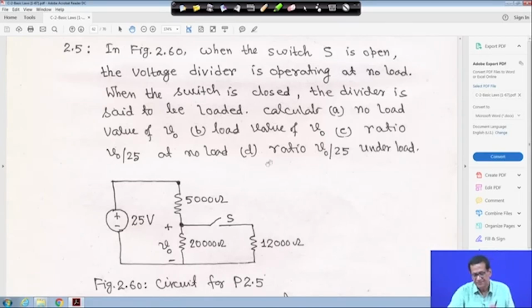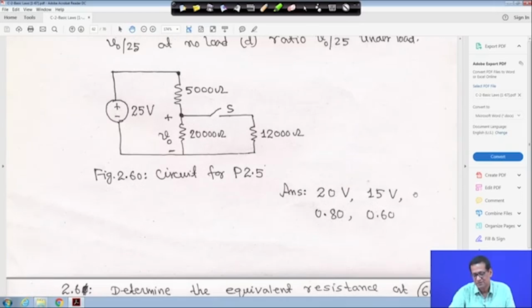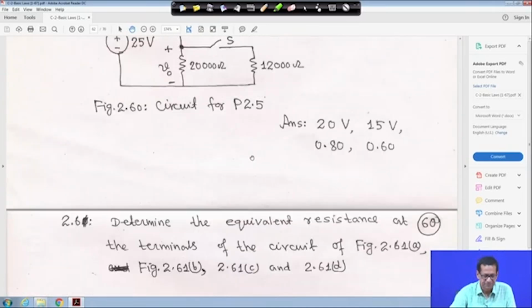So, calculate A, the no load value of V0, B, the load value of V0, and C, the ratio of V0 by 25 at no load, and D, the ratio of V0 by 25 under load. So, when it is open it is no load, and when it is closed it is load. So, it is a voltage divider circuit, a 25 volt source is there. So, please, this is a simple one. Please solve it. The answers given are 20 volt, 15 volt, and the ratios are 0.80, 0.60.